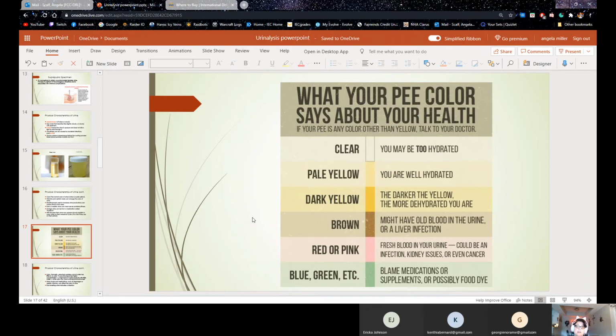You're nice and hydrated. If it's dark yellow, this means that you're definitely dehydrated. It's not good. Brown means that there is old blood in the urine, or there's an infection of the liver or something like that.